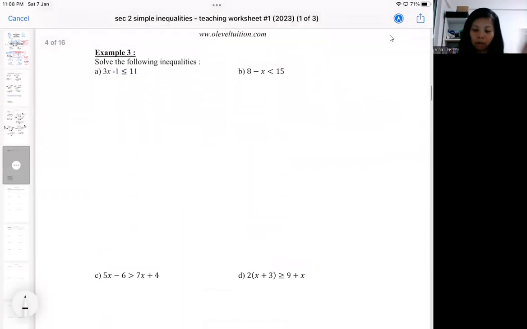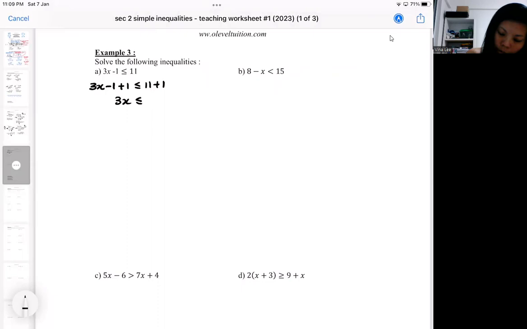Subsequently, we're going to do the same thing like algebra. We're going to add numbers on both sides. So I'm going to add 1 on both sides. Adding a positive number shouldn't change, so it won't reverse the sign. And then I'm going to divide by 3 on both sides.